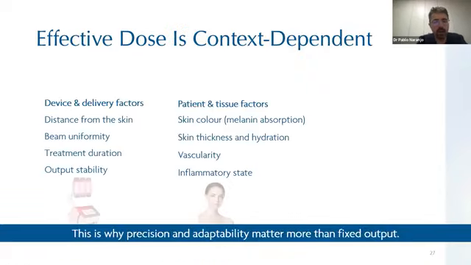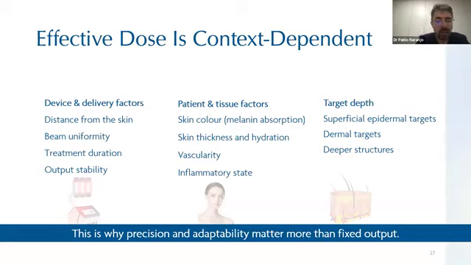When we talk about precision and adaptability, we need to take care of many things. Firstly, the range of delivery of each one of the LEDs. It's a cone of light delivery that can be smaller or larger. Depending on that, on the density of light emitting diodes per centimeter squared, and on the distance between those LEDs and the skin, we are going to have a total amount of joules per centimeter squared.